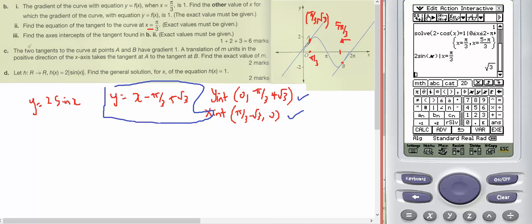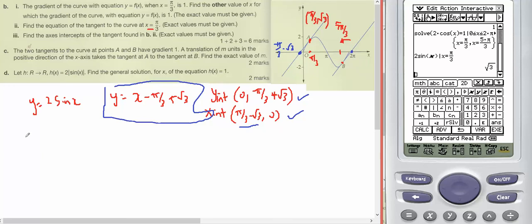Okay, if I consider this coordinate here, which is pi on 3, minus root 3, being moved to that coordinate there. So if I could find the x coordinate of this other tangent, then I should be able to find that distance m.